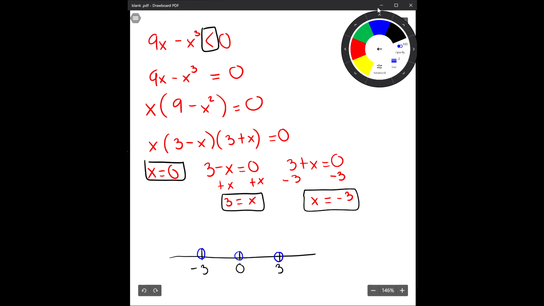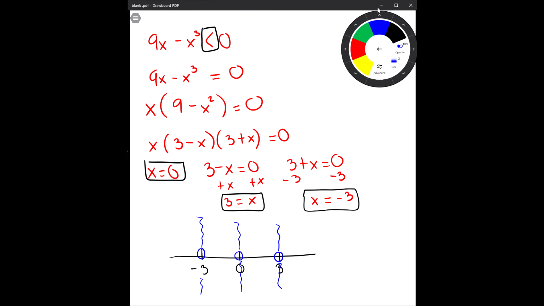Now I split it into regions. I have to use a few values to test to see which intervals have positive values and which have negative values, less than 0 or greater than 0.